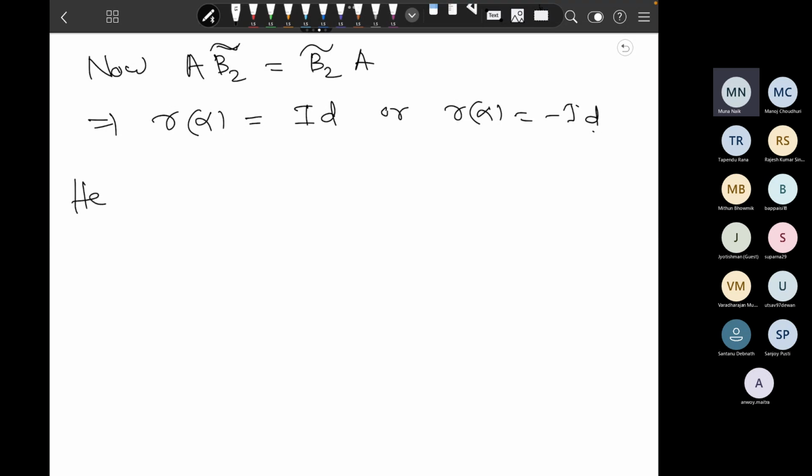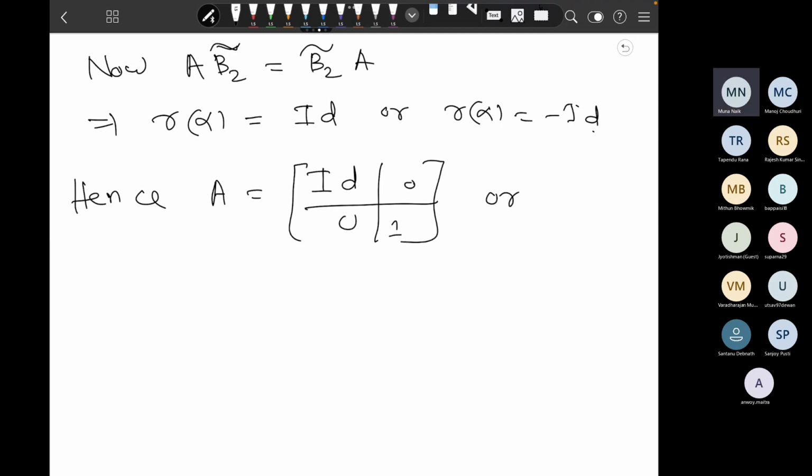Hence I will get this thing: A is equal to either the identity, or A is equal to really minus identity 0, 0, 1. And minus identity, this is a 2m cross 2m matrix.